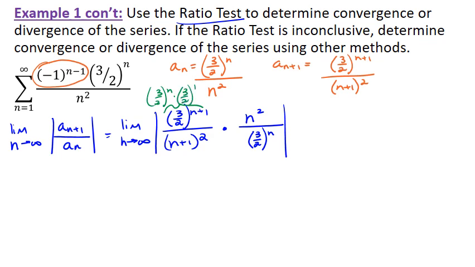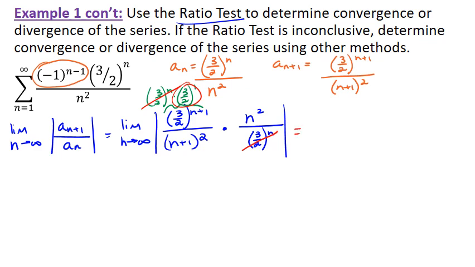Well, if that's the case, then (3/2)^n cancels out and I'm left with 3/2. Same type of thing here. Well, in this case, there's nothing I can do to cancel these out, so I'm going to leave this as is.